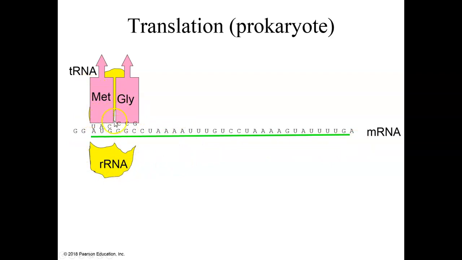The tRNA that carries methionine, which is an amino acid, has an anticodon that will bind. So U binds to A, A binds to U, C binds to G. The tRNA that carries glycine has this anticodon that will bind to this codon in the messenger RNA.